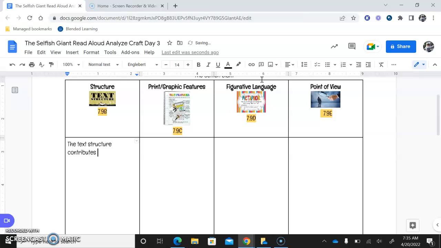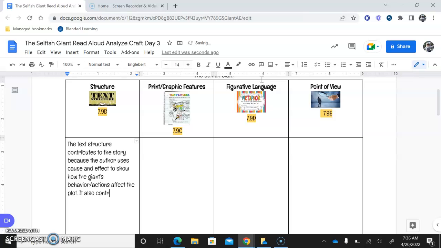contributes to the story because the author uses cause and effect. And we saw this as we read the story, to show how the giant's behavior and actions affect the plot.